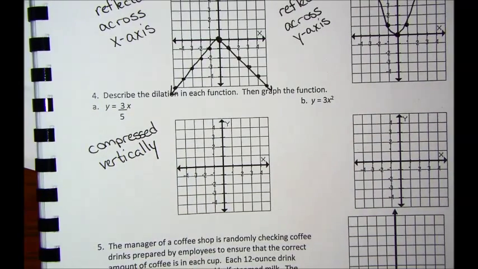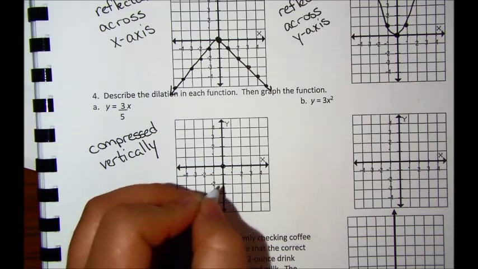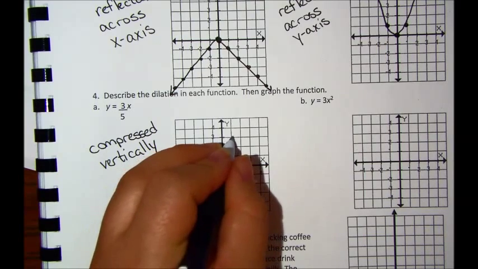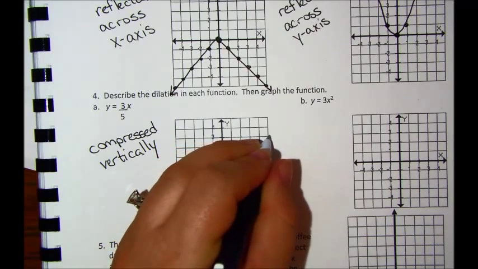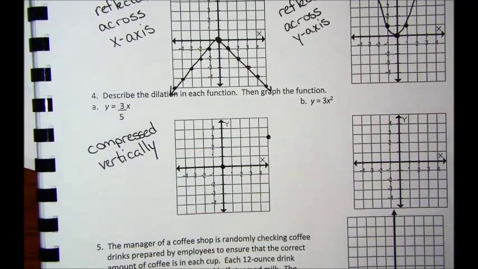When I graph this, it's just a line. So what's my y-intercept? 0. My slope is 3/5. Up 3 over 1, 2, 3, 4, 5. And then draw your line.